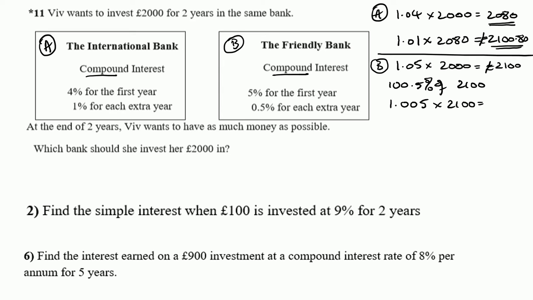And if we do this on the calculator, I'm getting 2,110.50. So she should go with the friendly bank, because in the friendly bank she's getting an extra sort of £10 or more. Okay, and you would write a sentence to that effect.